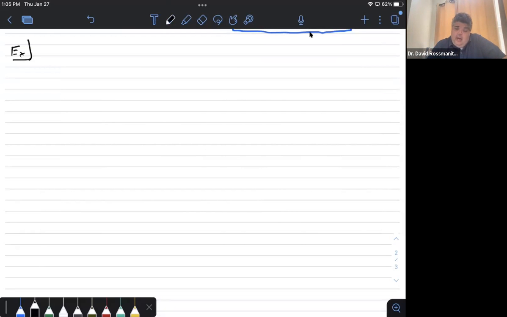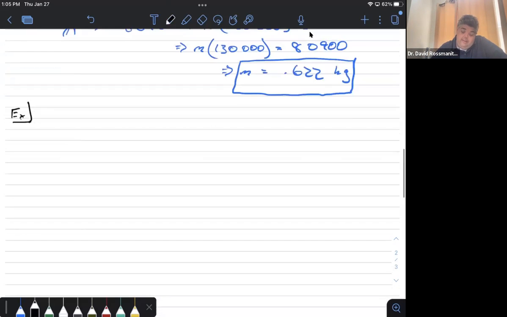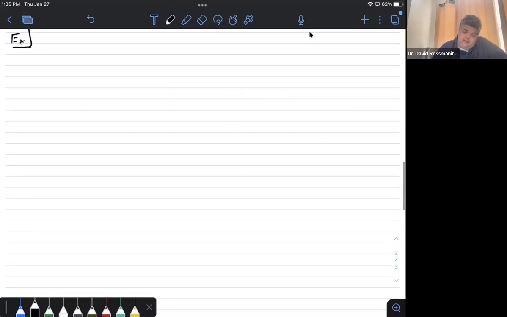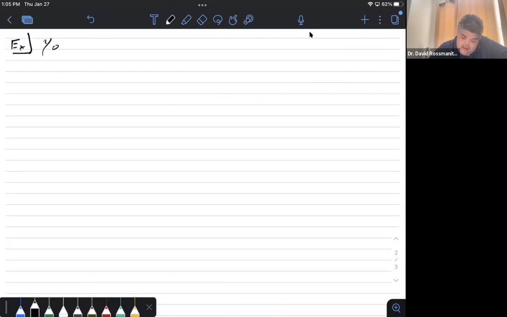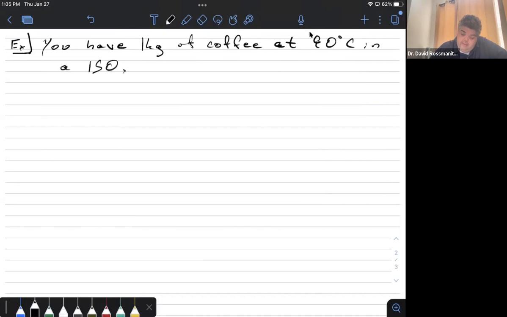Let's say we have exactly the same setup. You have 1 kilogram of coffee at 90 degrees Celsius in a 150 gram aluminum cup.